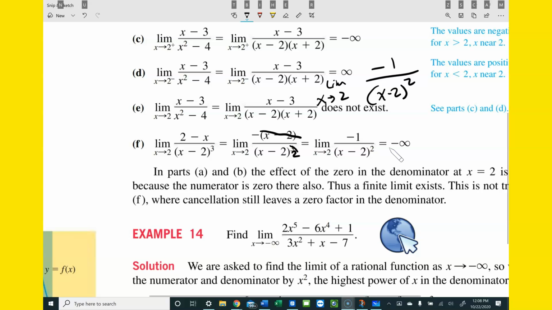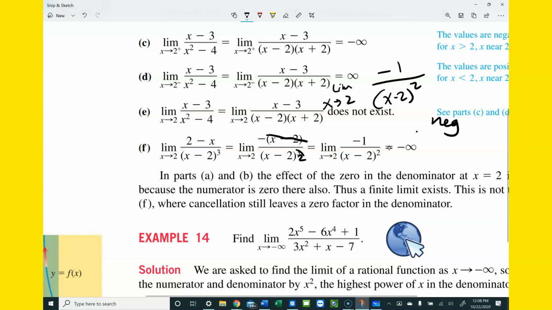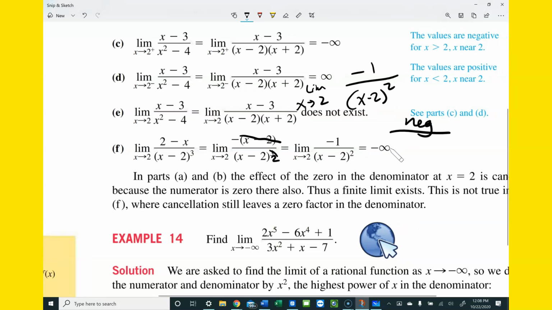So what we have is a negative number on top. And on bottom, what do we have? We're approaching 2. If it approaches 2 from the right, that's going to be a little bit bigger than 2, so it's going to be a very small positive number. If we approach 2 from the left, that's going to end up being something a little bit less than 2, which is going to make this negative, but we're going to square it.